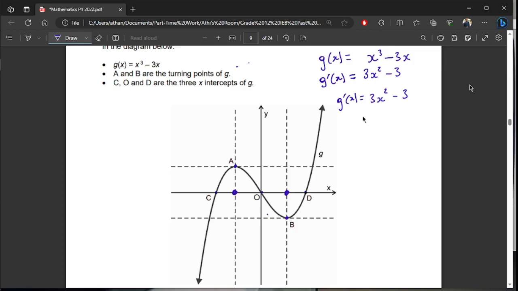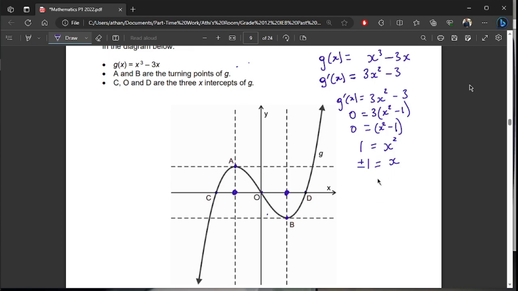Let us find the value of x. This would be 0 equals 3x squared minus 1. I just factorized there, which in the end gives us x squared minus 1. When we transpose the 1 to the other side, you get x squared equals 1, meaning the value for x is plus 1 or minus 1.